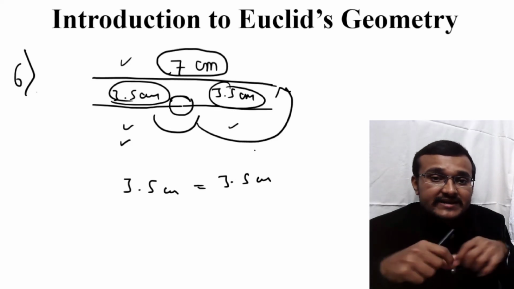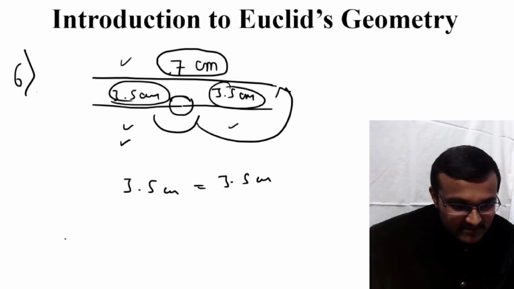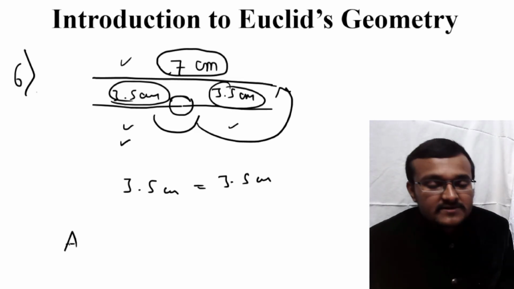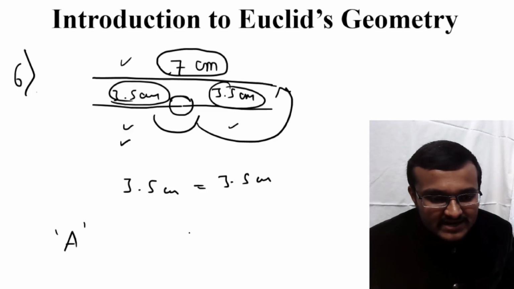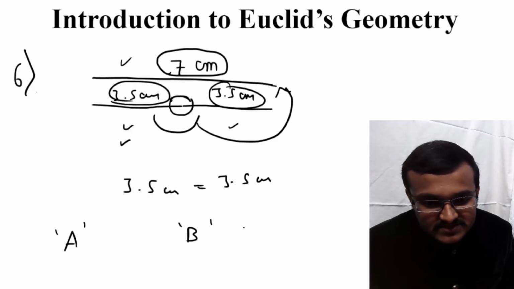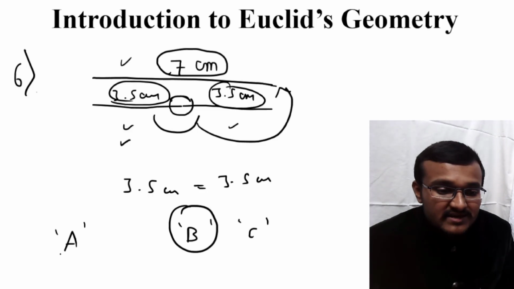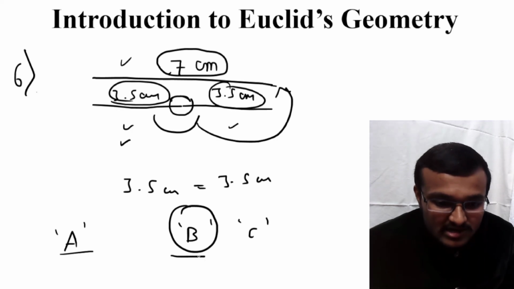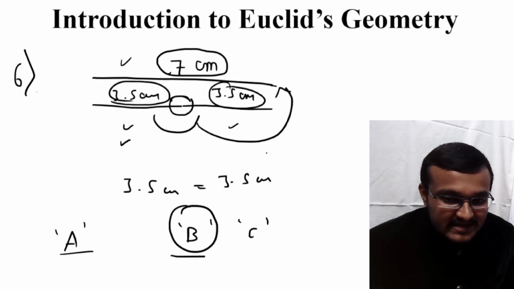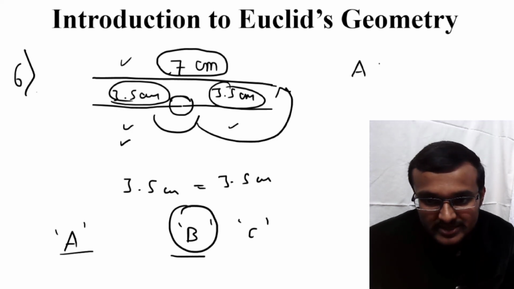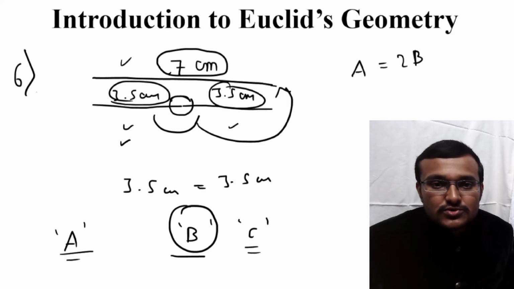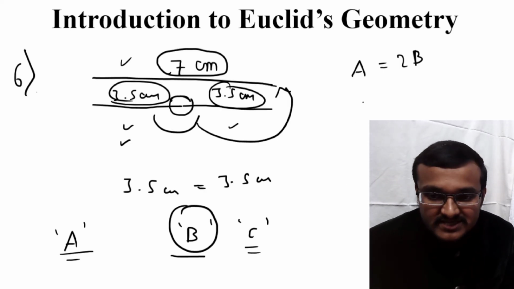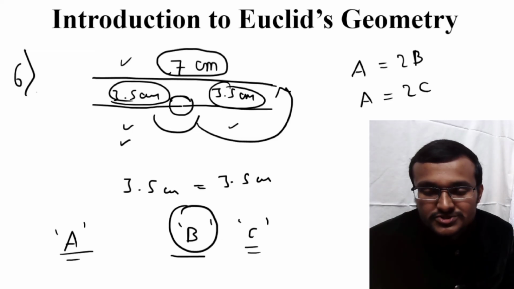So for example, if you have a particular shape or a particular thing which is A, and you have two different things which are B and C. Here A is the double of B, that is A is equal to 2B, and at the same time A is also equal to twice C, that is A is equal to 2C.